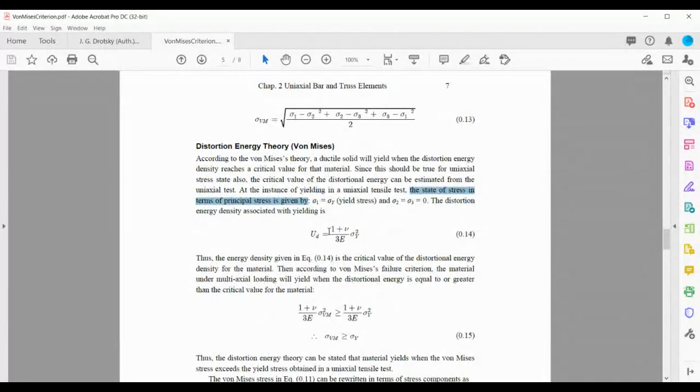And then basically you have (1 plus Poisson's ratio) divided by 3E times the yield stress squared. So this energy density value will be a specific value. So let's say for steel.